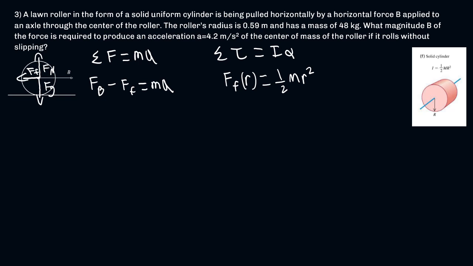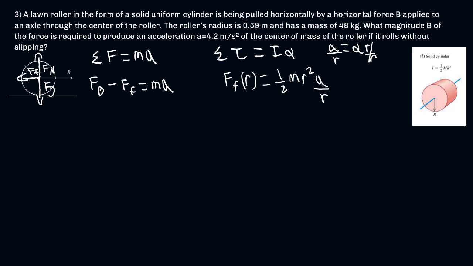So linear acceleration, A, is equal to angular acceleration times the radius. So a quick little algebra here, this will get crossed out, and alpha is equal to A over R. So I can actually plug this in here, and we have the linear acceleration over my radius, which is the same thing as my angular acceleration.